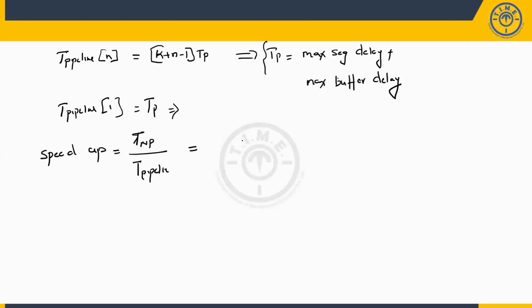T non-pipeline time will be very simple: n into Tn, divided by (K plus n minus 1) into TP. What is n into Tn? N is the number of tasks, number of instructions.